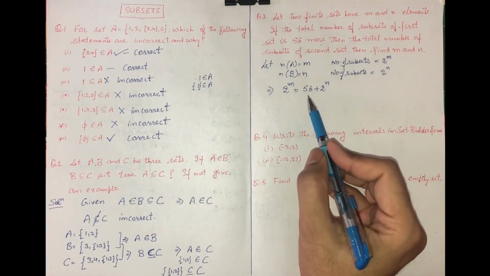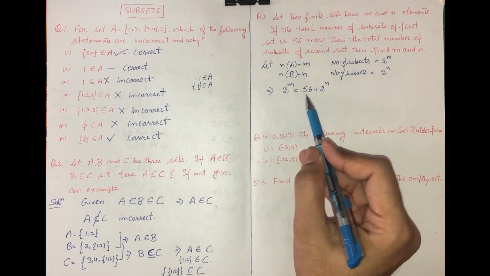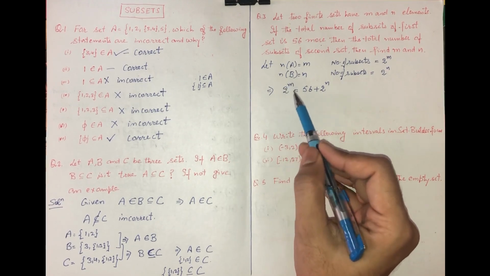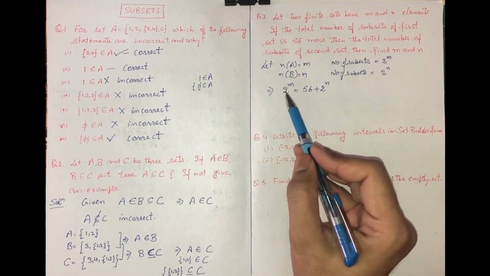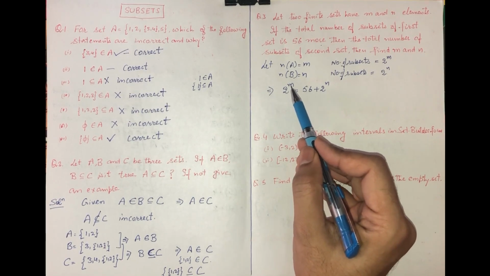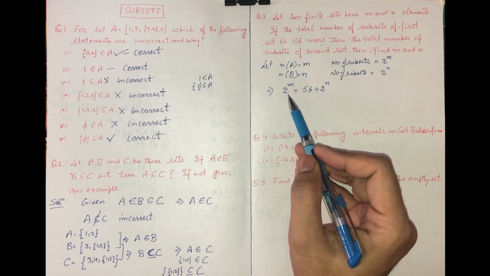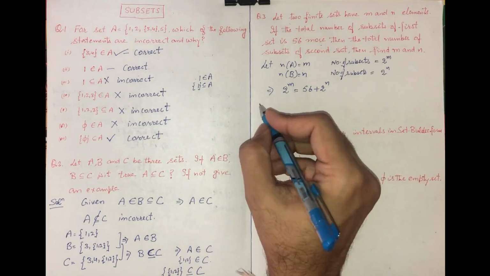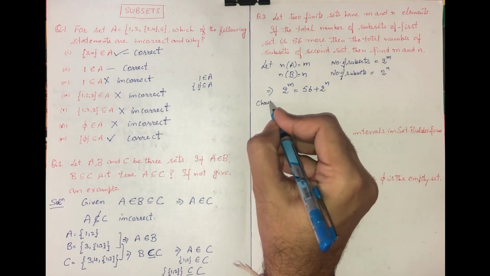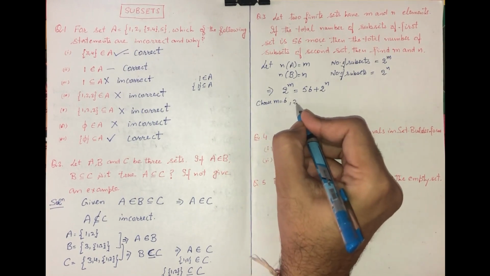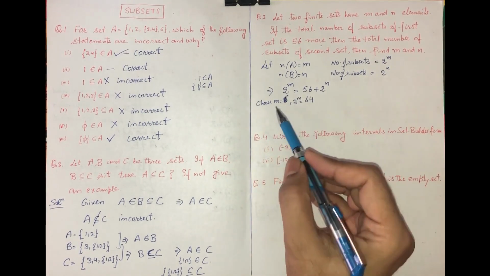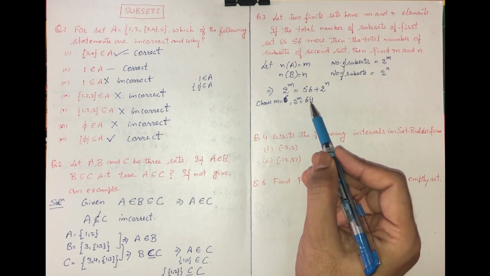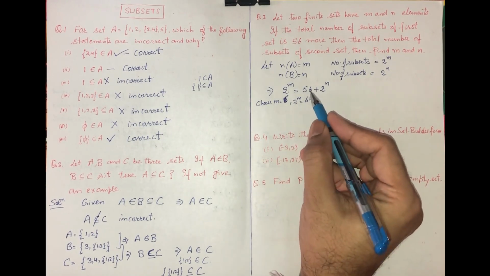So we use here hit and trial method. By that method, you see on the right hand side we have 56. So we choose that value of M which makes this power more than 56. You see, if we raise this power 4, then this is 16, 5, 32, and when we raise this power 6, if we choose M is equal to 6, 2 power M becomes 64, which is more than 56.